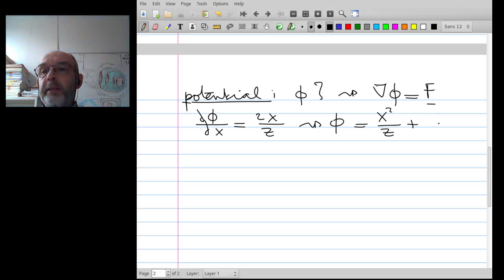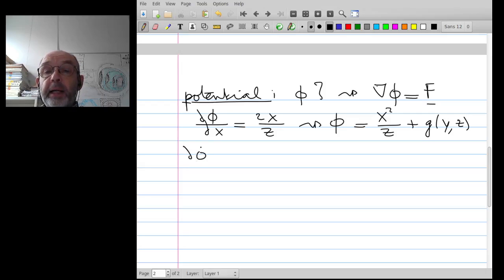But here we get some function which depends only on y and z. If you now differentiate this phi, you get the first term of your vector field out of it. The derivative with respect to x of the function g falls away.